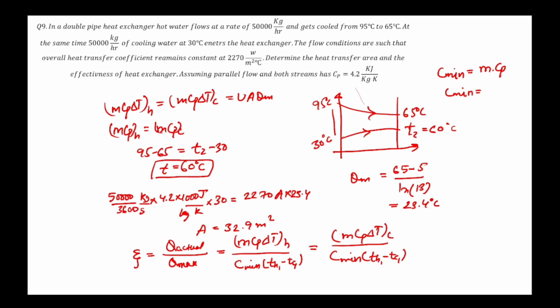So if you take any of these two, either this or this, for effectiveness, if I take this formula, then mCp is equal to C minimum, so del T of hot fluid, that will cancel out, and C minimum is M into Cp, that is also the same, so TH1 minus TC1. Okay, so del T is 95 minus 65, that is 30, and TH1 is 95 minus TC1 is 30, so this will give 65. It will give effectiveness 0.46.